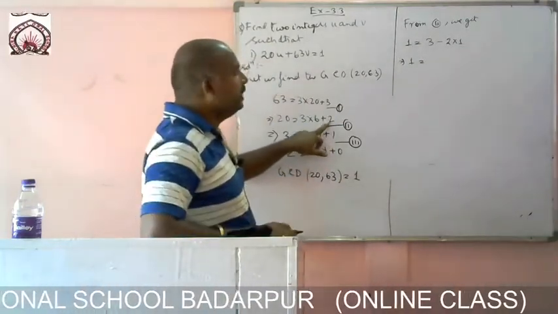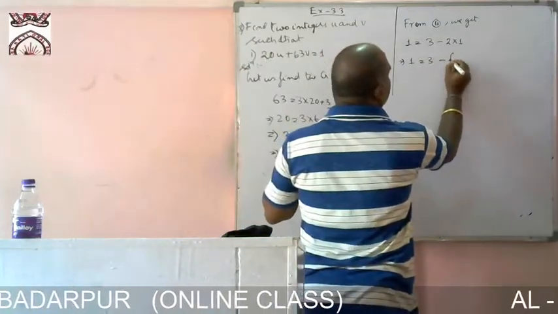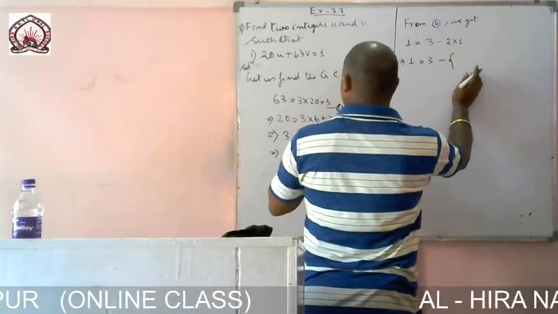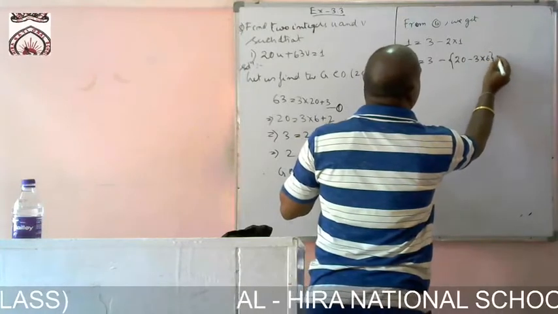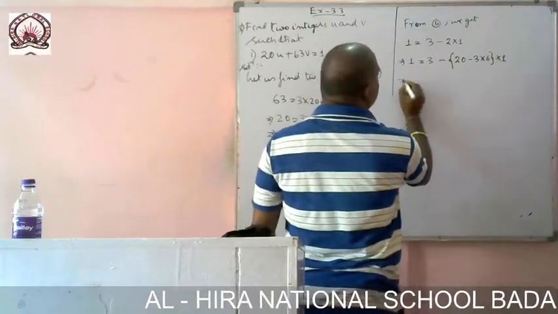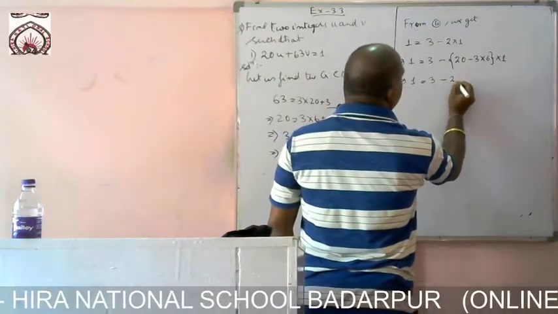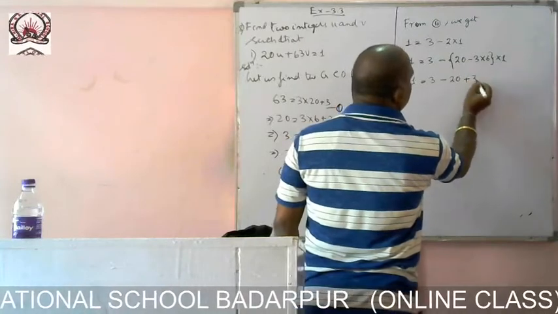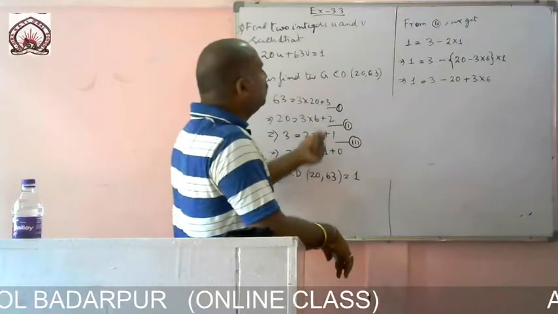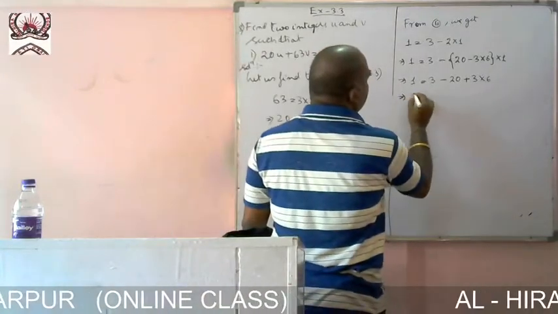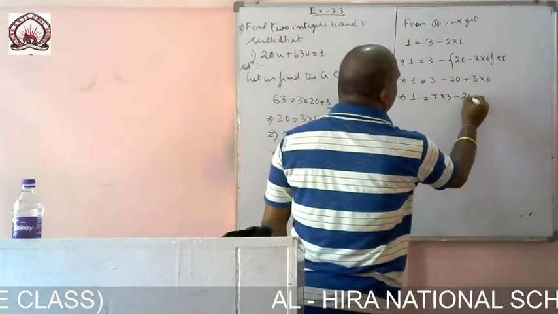Now here, 2 can be written as 20 minus 3 into 6. So from 2 we can write 2 equal to 20 minus 3 into 6 into 1. This implies 1 equal to 3 minus (20 minus 3 into 6), which gives 1 equal to 7 into 3 minus 20.